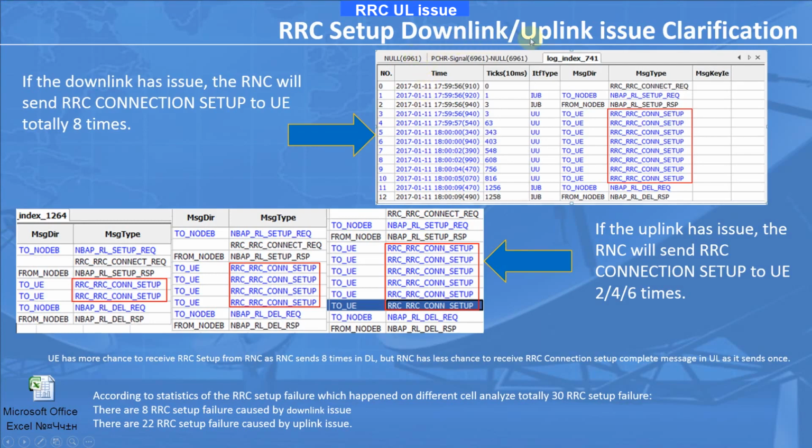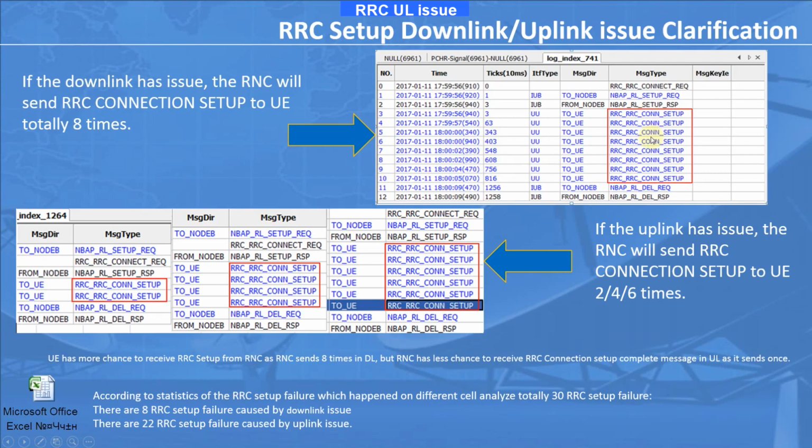RRC setup downlink and uplink issue clarification. As we already mentioned in previous videos, if you have an issue in downlink, RNC may send the RRC connection setup message to the UE 2 times, 4 times or 6 times, up to 8 times. So the UE has more chance to receive RRC setup from the RNC, as the RNC sends 8 times in downlink.